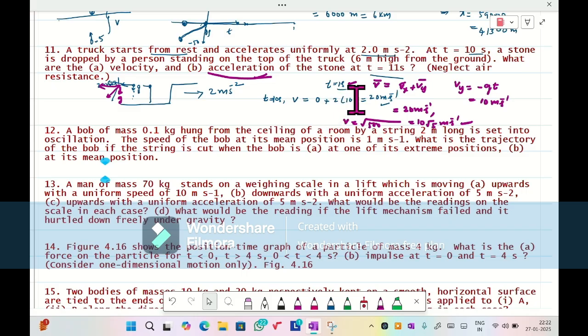That is the speed on the stone, or on the person, in the direction opposite to the truck motion. Pseudo acceleration, pseudo velocity. So this is the horizontal velocity given to the stone at that instant. So in 1 second of journey, it is moving in a parabolic path, like horizontal projection. So at any instant of time, the velocity of the particle is equal to Vx i cap plus Vy j cap.